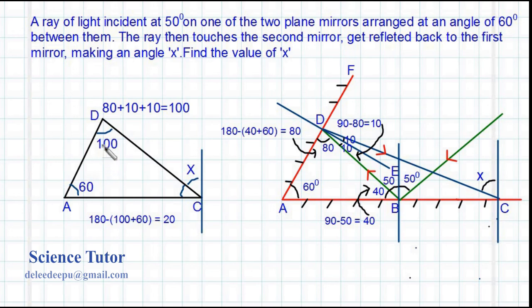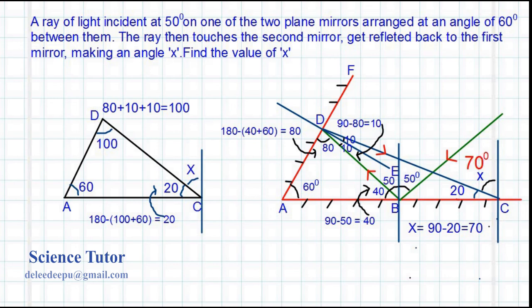Then 60, 100 and C. We can use the angle sum property to find the angle C. Here the angle C is 20. Look at our right side drawing, the original one.